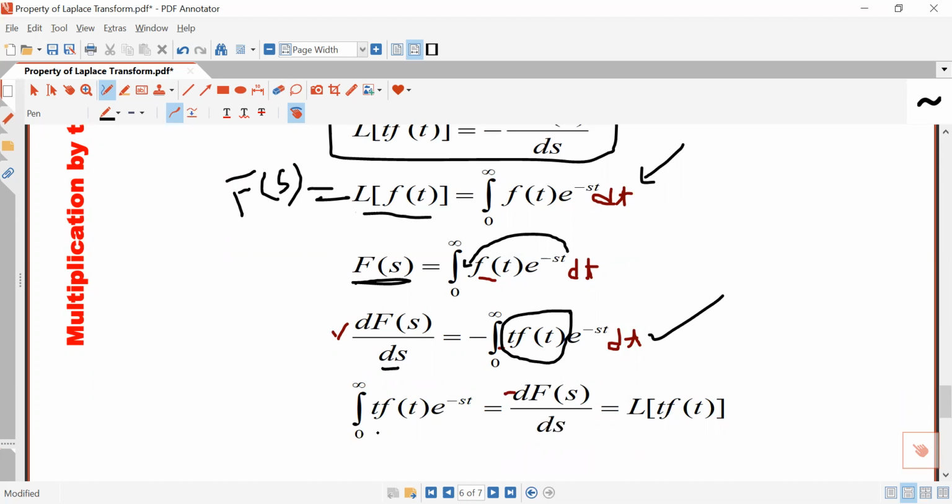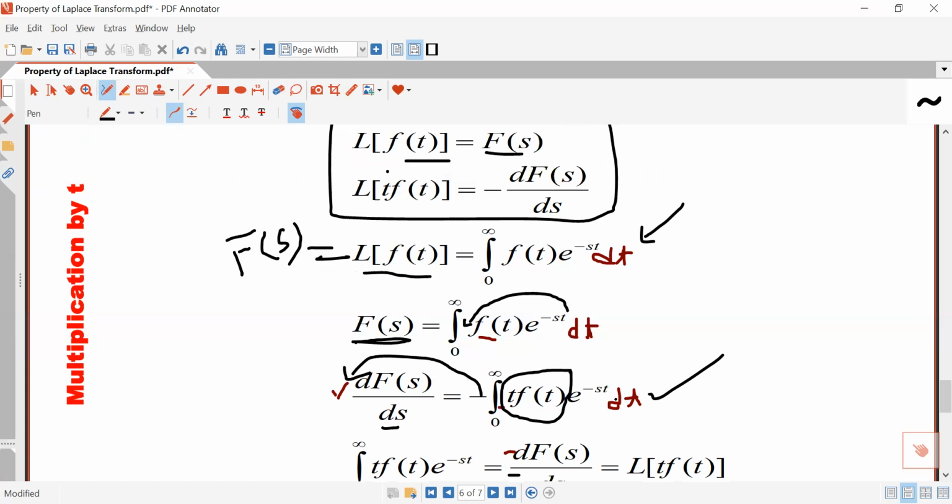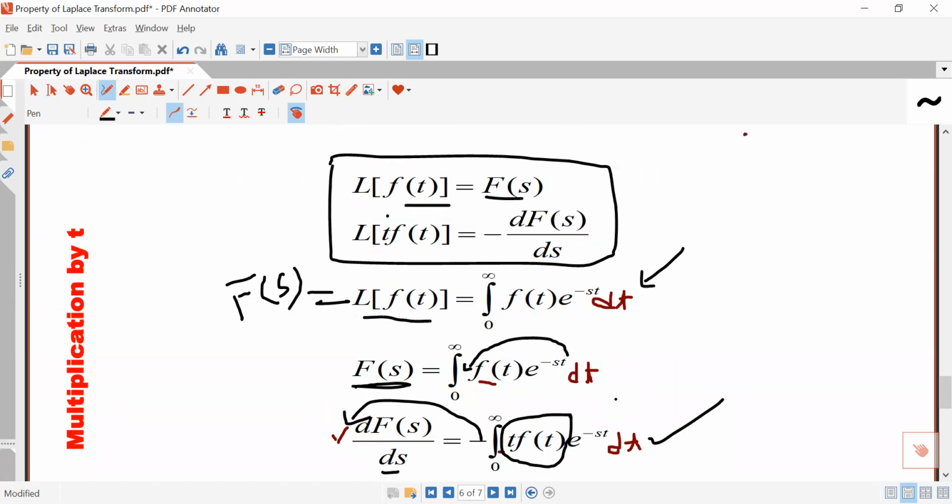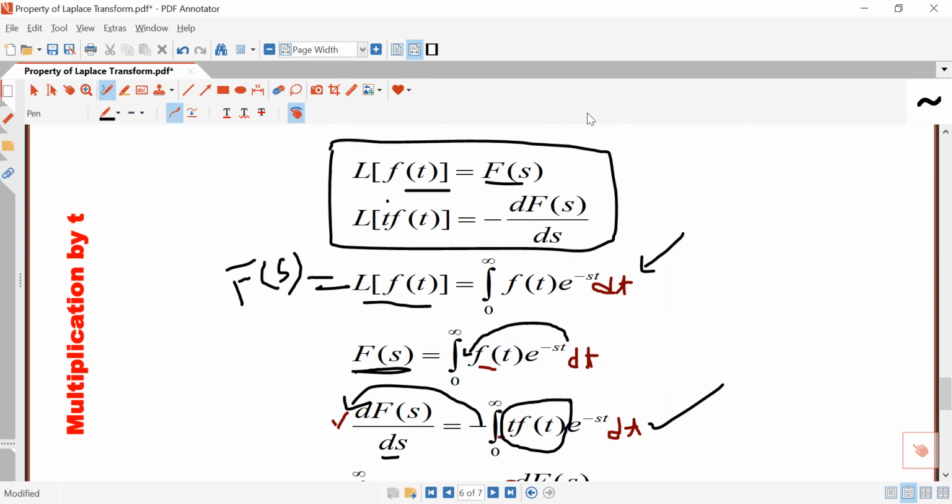So this is the Laplace transform of t f(t), and this minus sign can be shifted to the other side. So the Laplace transform of t f(t) will be equal to minus dF(s) by ds. In this way, you can prove this statement, and by using this property, you can derive the Laplace transforms of various other functions also.